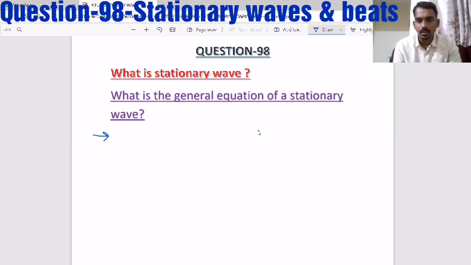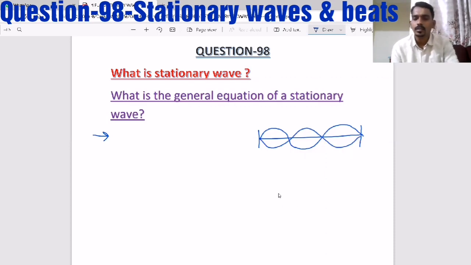Just like here, when a string is fixed between two supports and you pluck it, waves will be generated and reflect from the end, and they superimpose and form a resultant wave which is fixed between two points. That kind of wave we call a stationary wave.